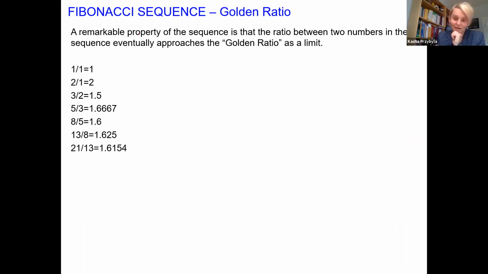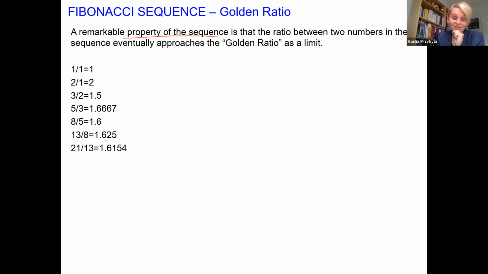Another property of these numbers is the ratio between 2 numbers in the sequence. We can say 1/1, of course, is 1. Then 2/1 is 2. But 3/2 is 1.5. 5/3 is just the ratio of 2 neighbors. 1.6, 8/5, 1.6, 13/8, 1.6.